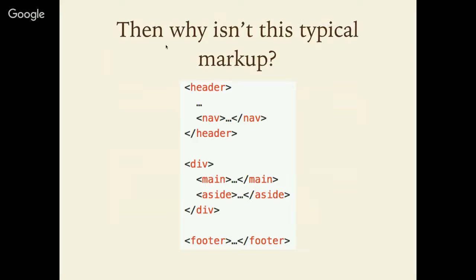Because on a lot of websites you would see the same structure, but they would use divs with either classes or IDs, which don't really add semantic meaning to divs or to elements. So you're better off just using the HTML elements and styling those.